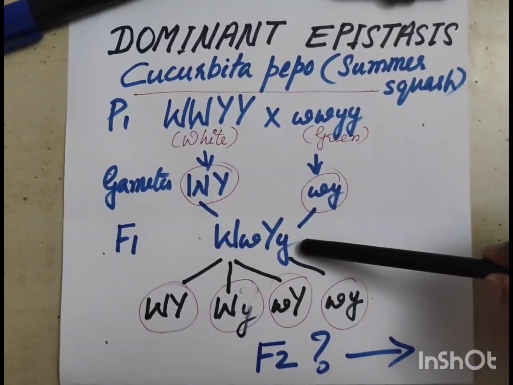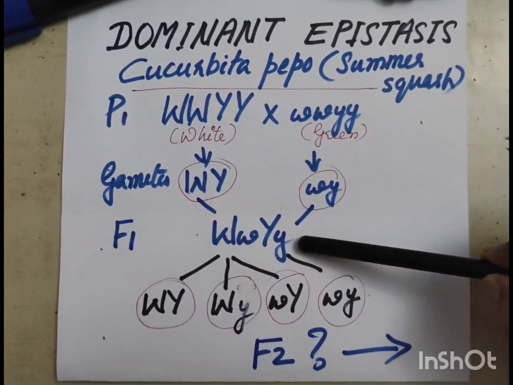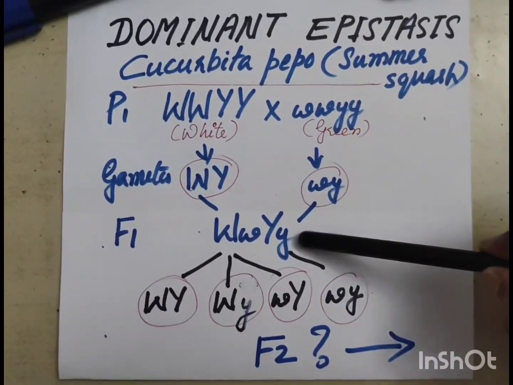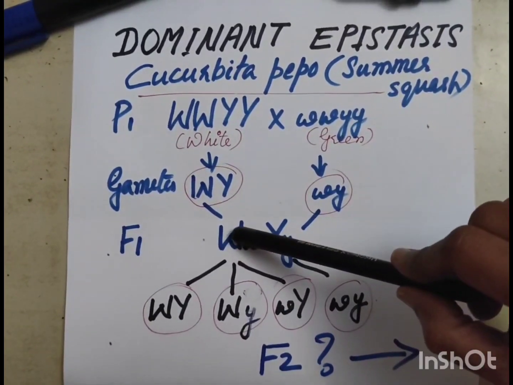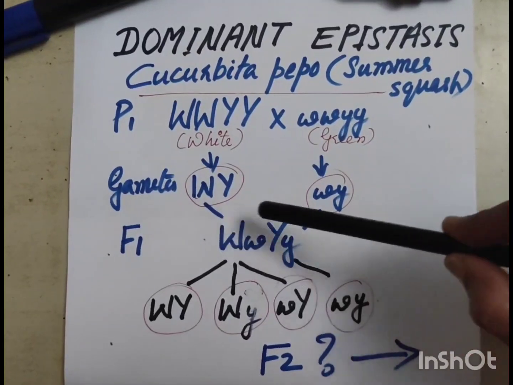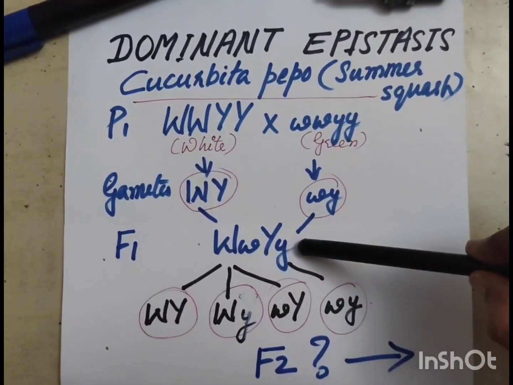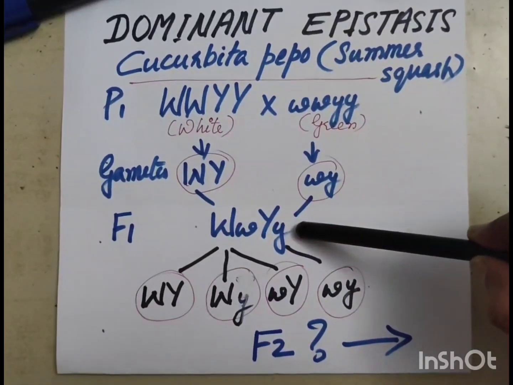Now, coming to the F1 organism, this is its genotype, capital W, small w, capital Y, small y. What is the phenotype? Though capital Y is present, capital W is also present. So, capital W overmasks the expression of capital Y, and so it is white in color. So, a white fruited plant is the F1 phenotype.